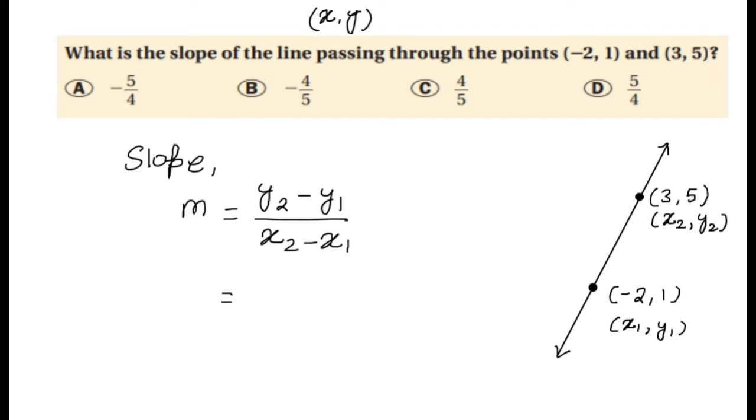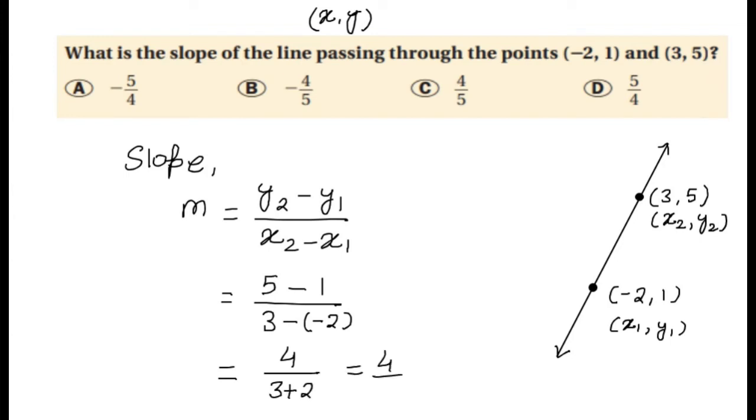We can now substitute the values. y2 is 5, y1 is 1, x2 is given as 3, and x1 is negative 2. We will have to take care of this negative sign because there is already a negative sign in front of that. Here we get 4, and at the bottom we've got 3 plus 2. That gives you 4 over 5. So the value for the slope in this case is 4 over 5. So this option is correct.